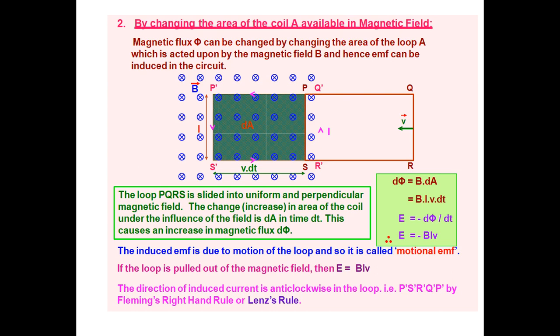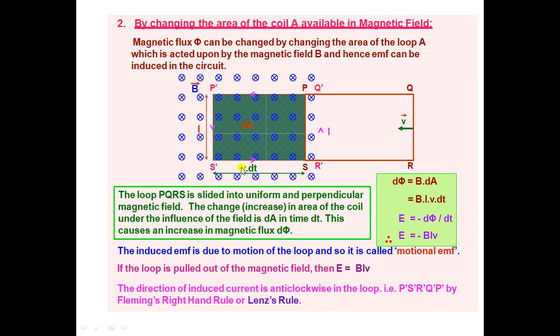So suppose these all are the points. Every point of this surface has the same magnetic field. Here B is the magnetic field.